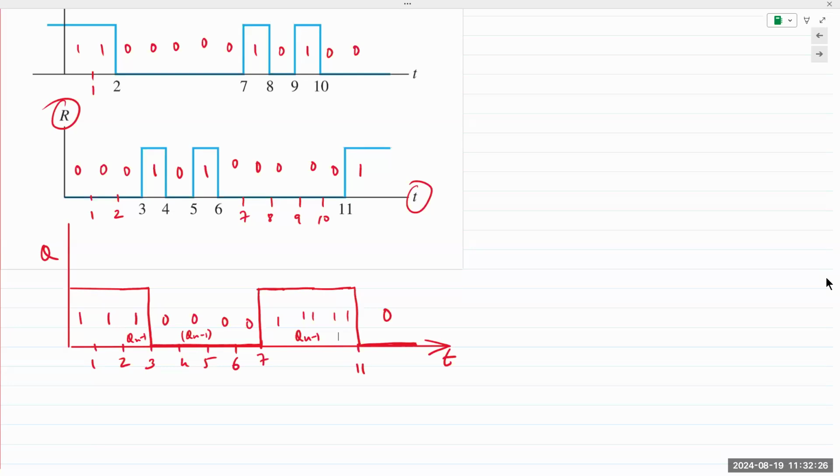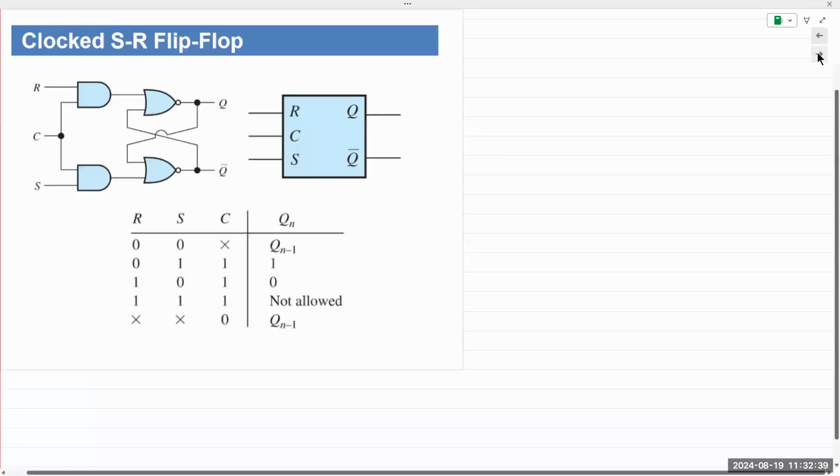So we talked about clocks, right? Right now, there is no clock to the system, so it's not synchronized to anything. If there is no clock in the system, we call that an asynchronous system.